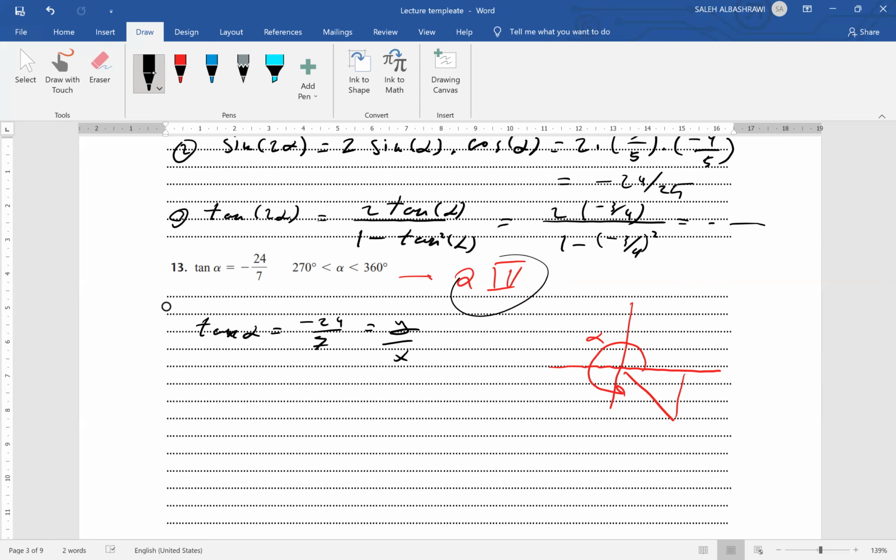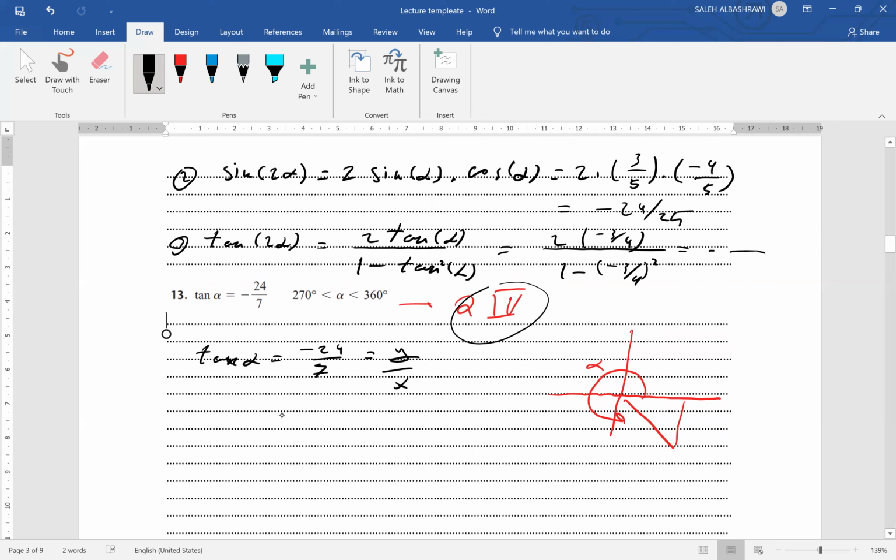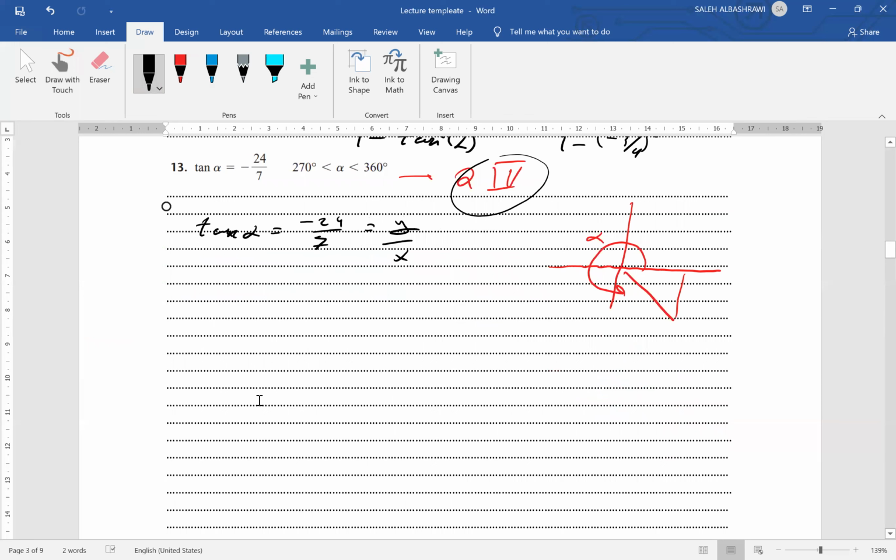In the fourth quadrant, x is positive and y is negative. It means x will be positive 7 and y equal to minus 24, because y is negative in the fourth quadrant.